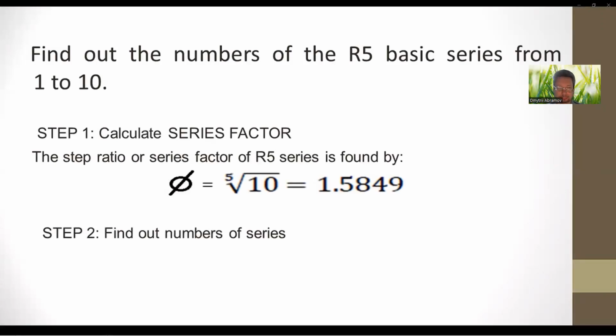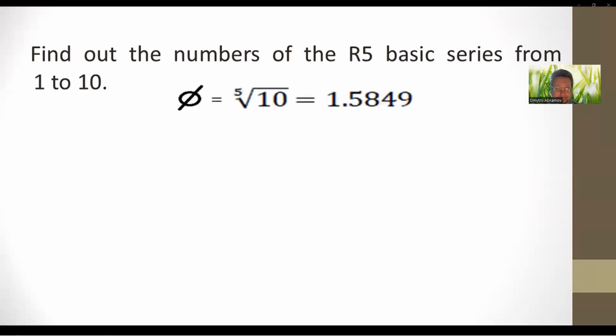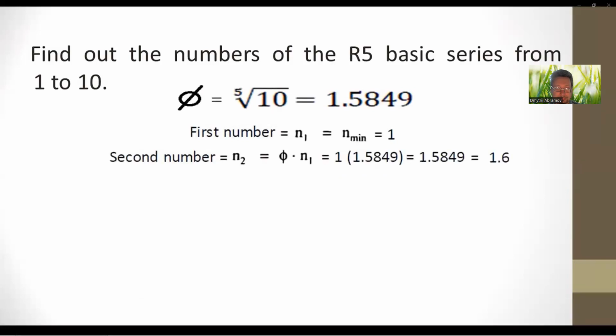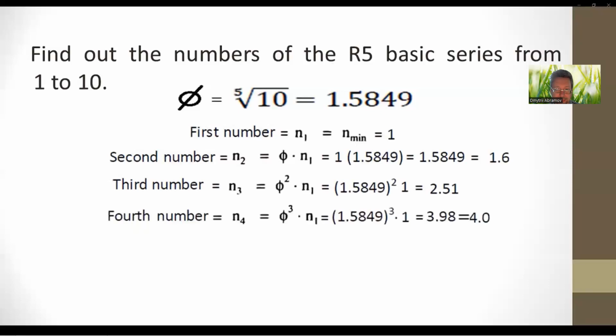The next step is to find out the numbers of the series. First number is 1. Second number is found as step ratio into N1, which turns out to be 1.5849. We'll round off and make it 1.6. Third number is step ratio square into N1, which turns out to be 2.51.